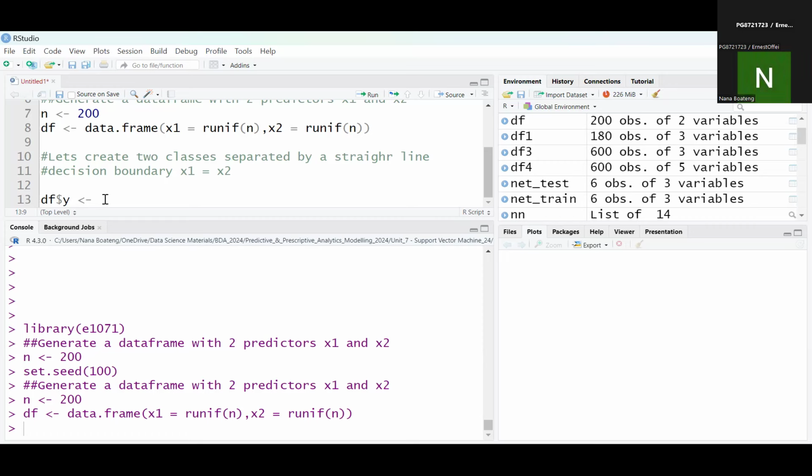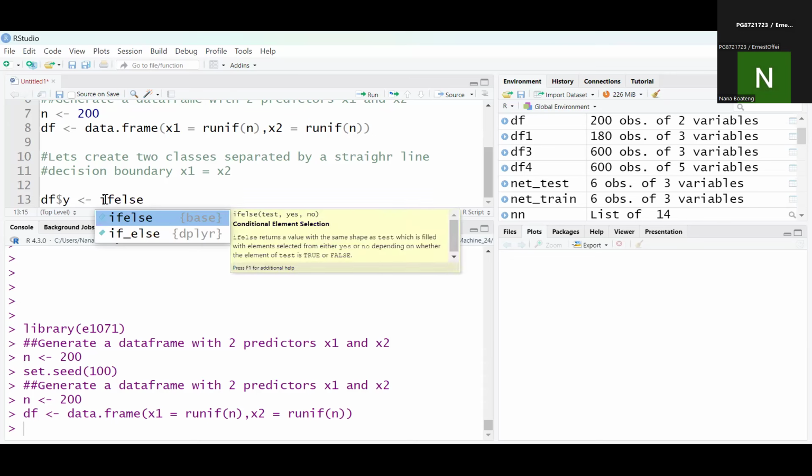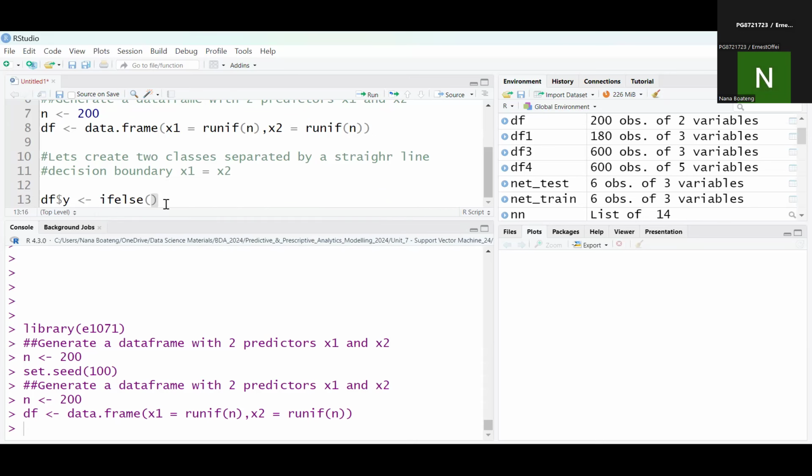So here we want to create, let's use an if else situation. We take the data frame, x1.